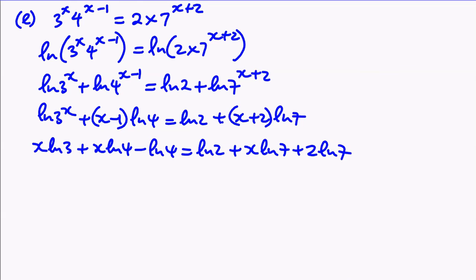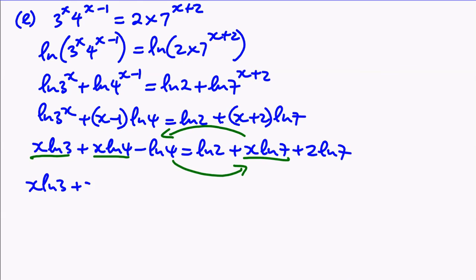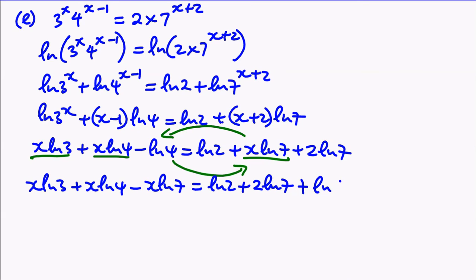Now if we bring all these to the left and take that to the right, we'll end up with x ln 3 plus x ln 4 minus x ln 7 will be equal to ln 2 plus 2 ln 7 plus ln 4.